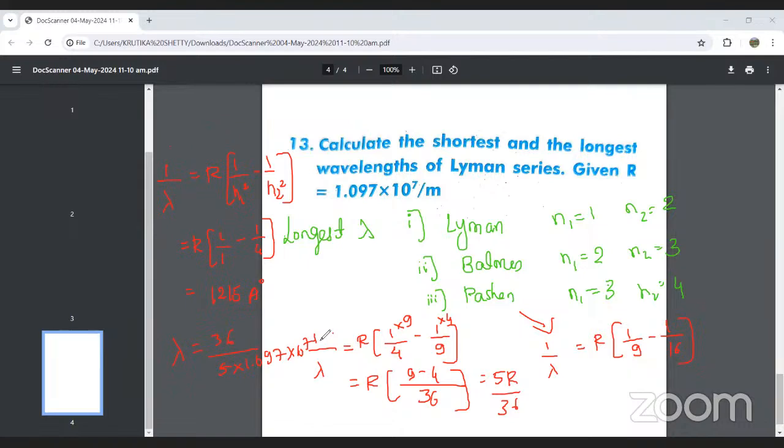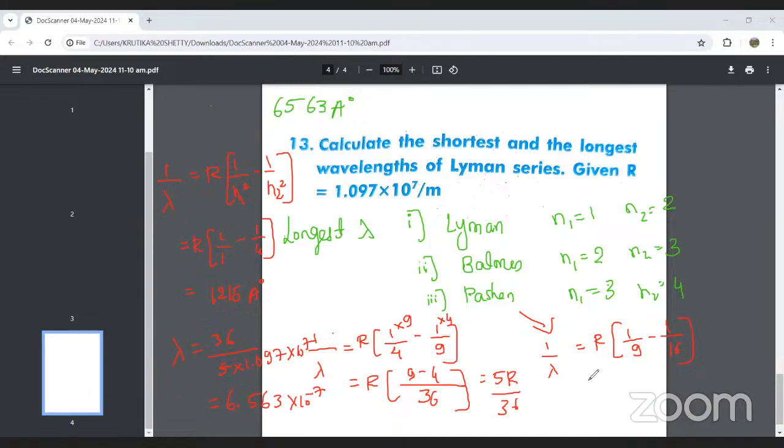So here the answer for the Balmer series is 6.563 into 10 raised to minus 7. If I shift the decimal, I can write the answer for the Balmer series. Look, students, it is 6563 angstrom. Okay, 6563 angstrom.